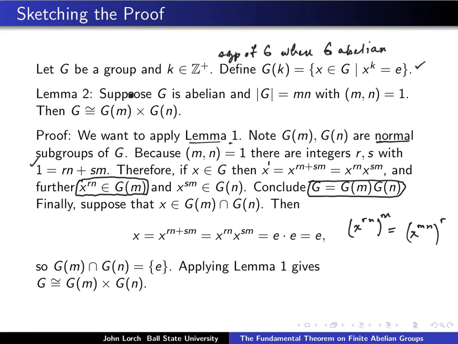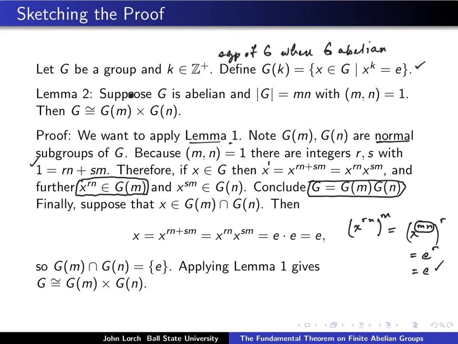But remember, mn is the order of the group. And we had a result a little while back that says that in a finite group, if you have an element and you raise it to the order of the group, then you get the identity. So that's just the identity.